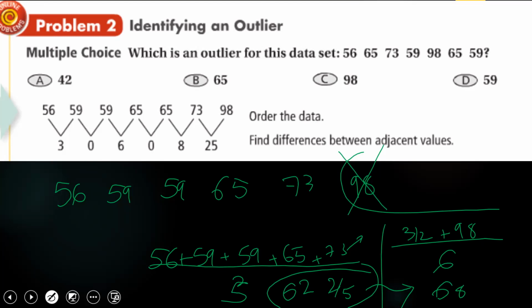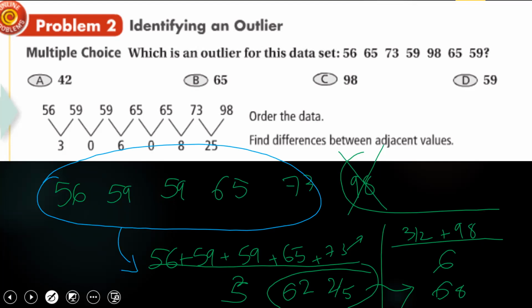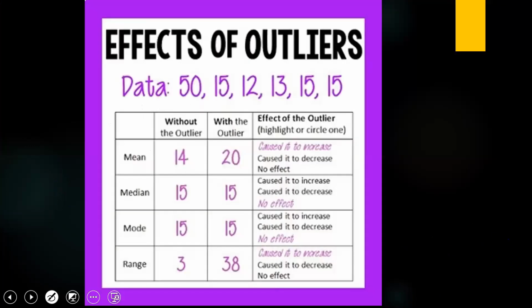Yes, here in this one I found the mean without the outlier. Here, I found the mean with the outlier. Oh, you mean because it is 98, so this is an outlier. Yes, exactly. As I told you here, the mean increases if we add the outlier.